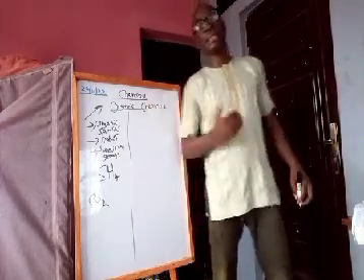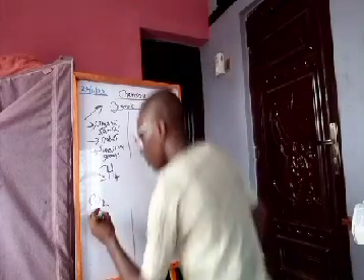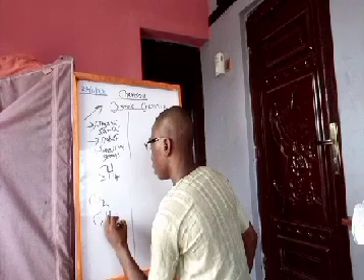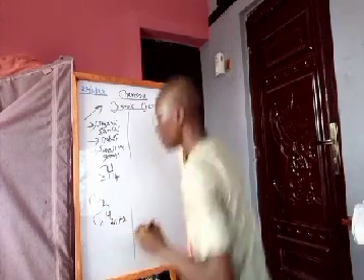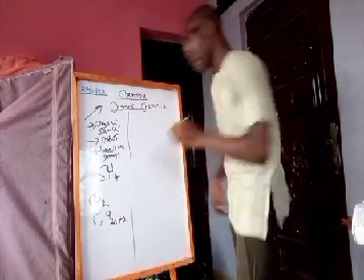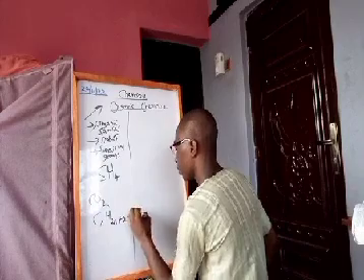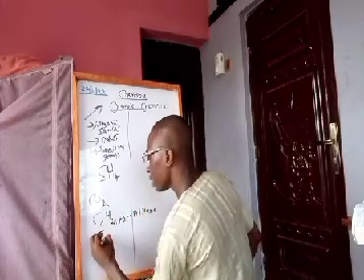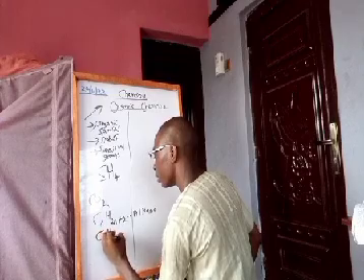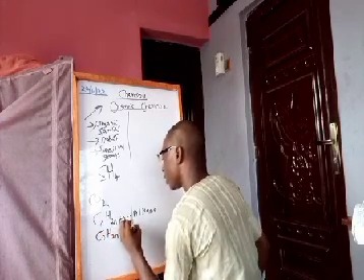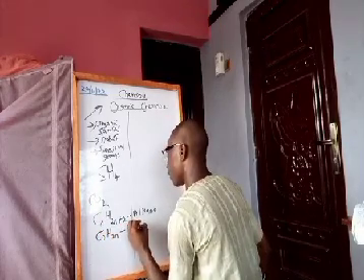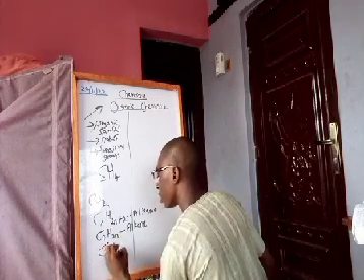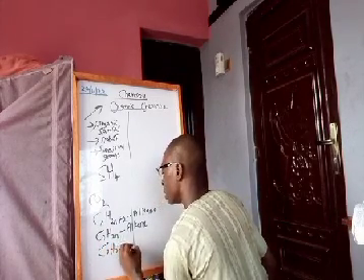Organic compounds are basically classified into alkanes, alkenes and alkynes. Alkanes have the general molecular formula CnH2n+2. All these alkanes are hydrocarbons. This is the alkane family. Then CnH2n is the alkene family. Then CnH2n-2 is the alkyne family.